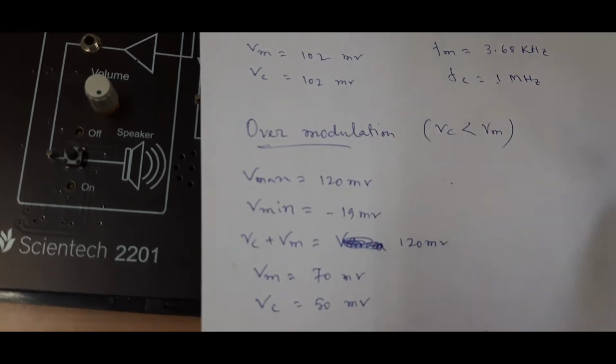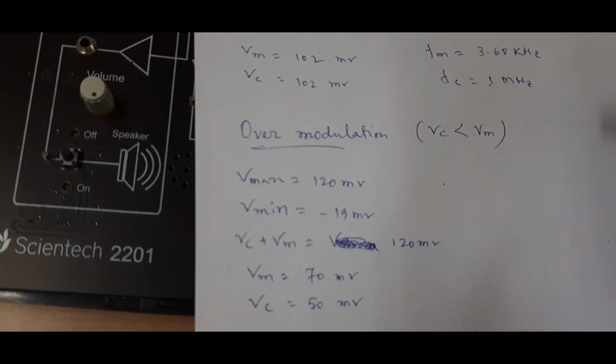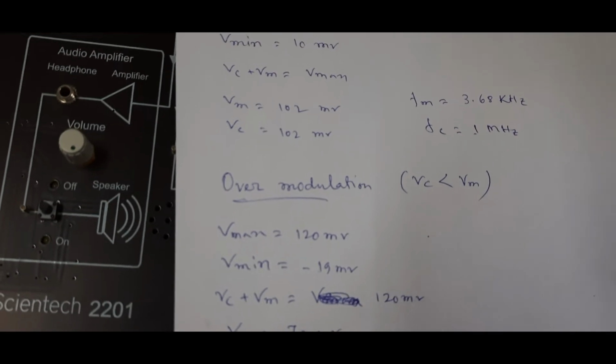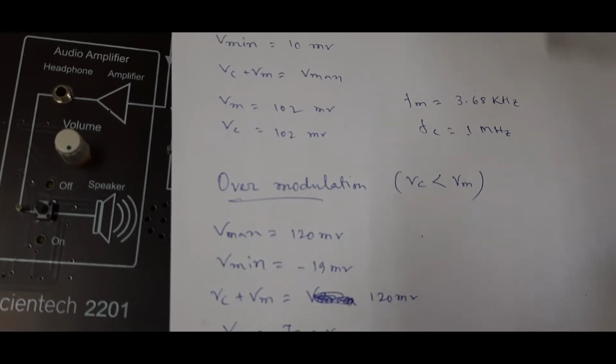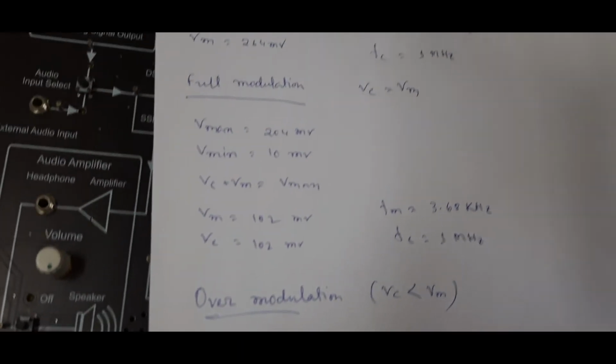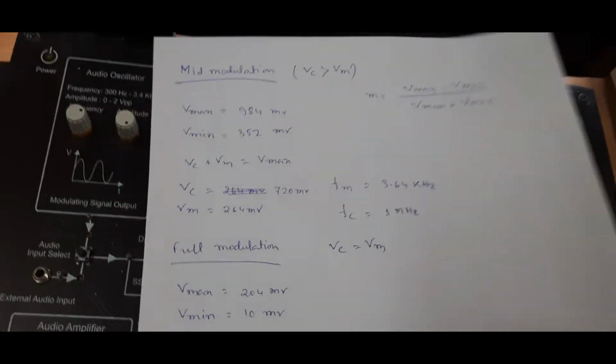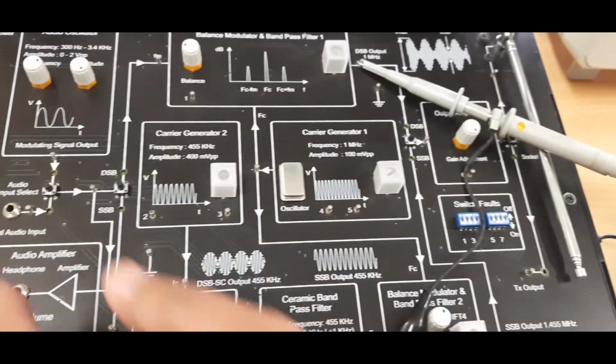In this way we measure all the data for three different conditions and find the modulation index using Vm and Vc. Okay, so now start the experiment.